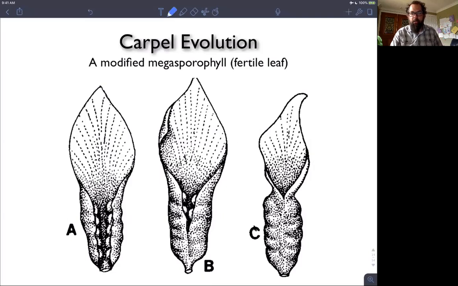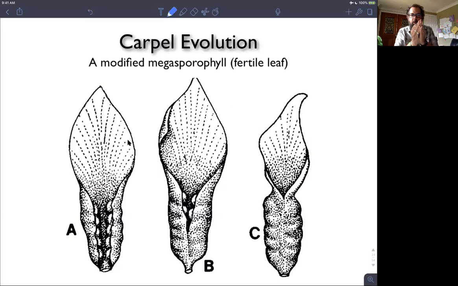Conduplicate carpels are really loosely fused carpels that came from this modified leaf. And so this leaf basically had megasporangia along the margins of it, and then this leaf rolled up on itself. And when it rolls up and seals, now that becomes an enclosed structure, that ovary with the ovules on the inside of the carpel.